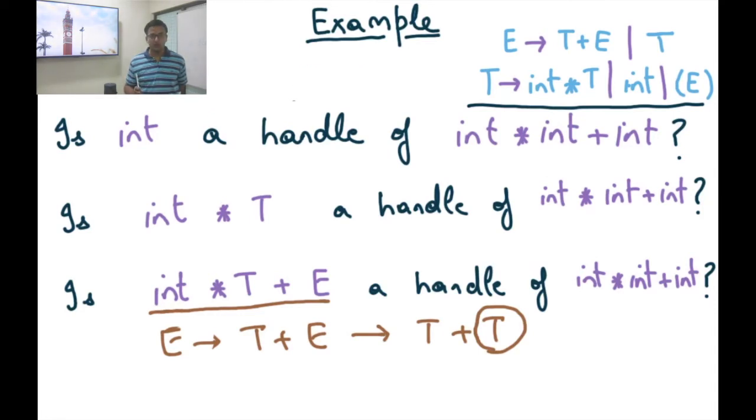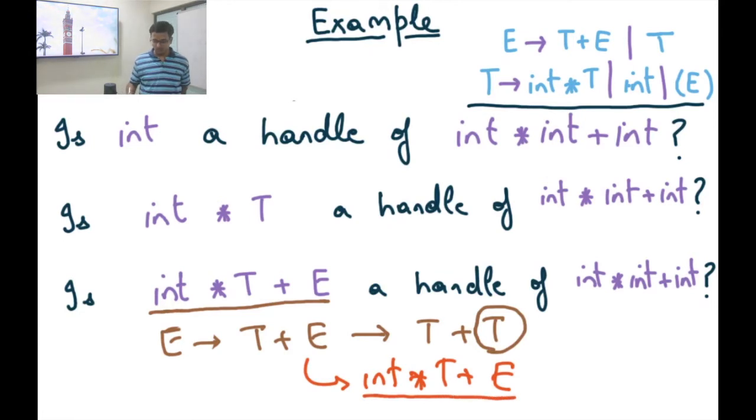And that is purely because it's supposed to be a rightmost derivation. Notice that if it was not a rightmost derivation, then I could have, for example, derived from here int star t plus e. So I could have derived t first into int star t and then later done other things, in which case this would have looked like a handle, because now I can in future steps go all the way to int star int plus int.